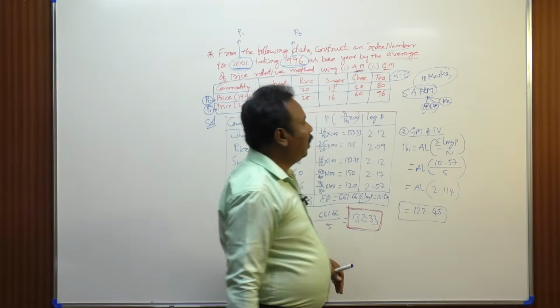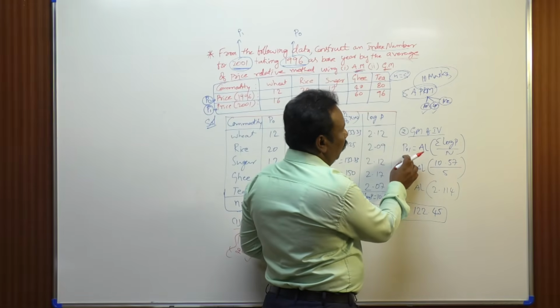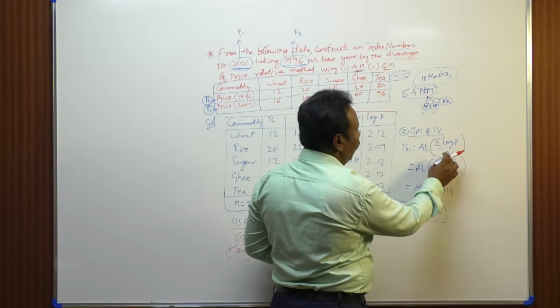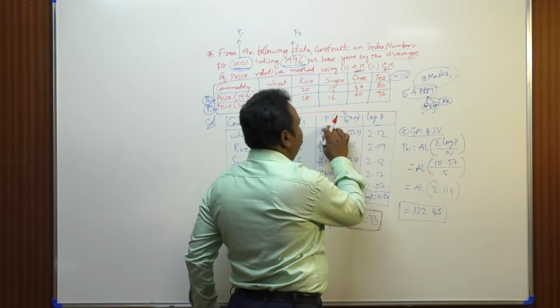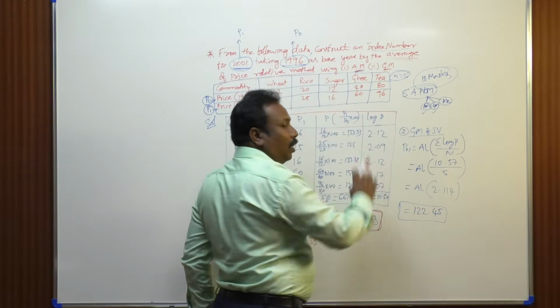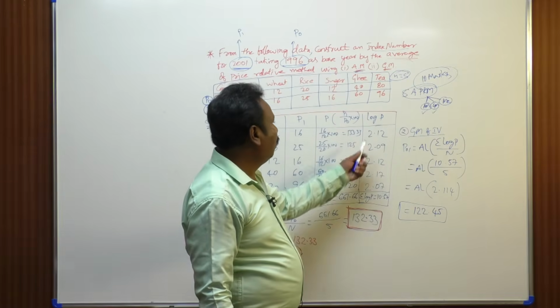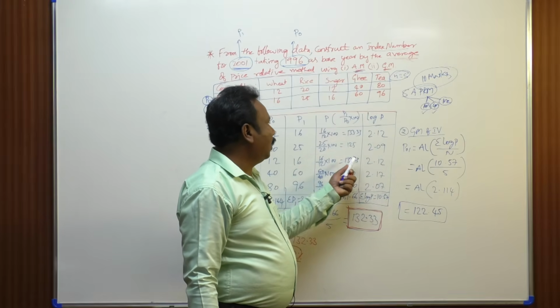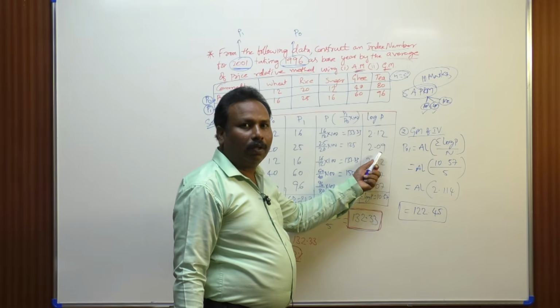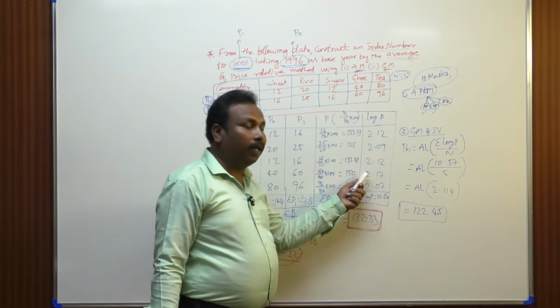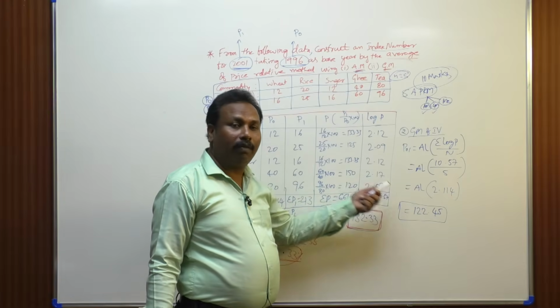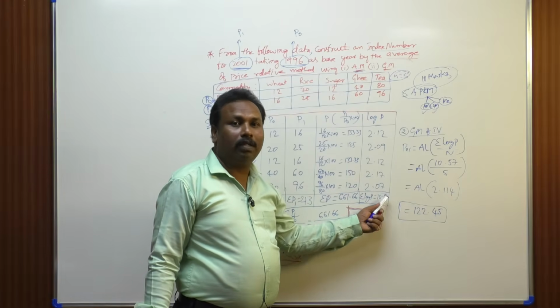Based on the geometric mean of index value, P01 equals antilog of summation of log P divided by N. So, here the P value is calculated, then calculate the log of P: log of 133.33 is 2.12, log of 125 is 2.02, log of 133.33 is 2.12, log of 150 is 2.17, log of 120 is 2.07.